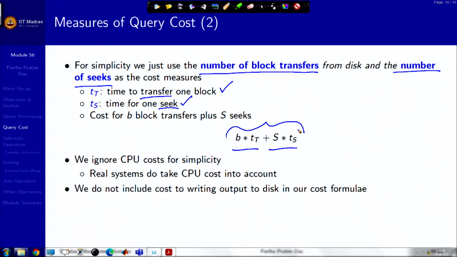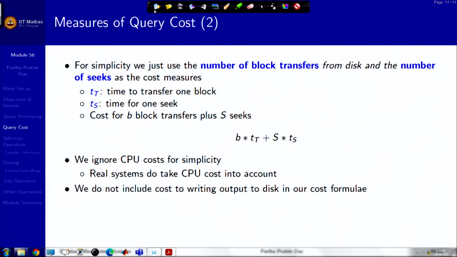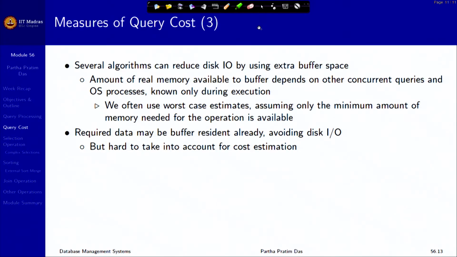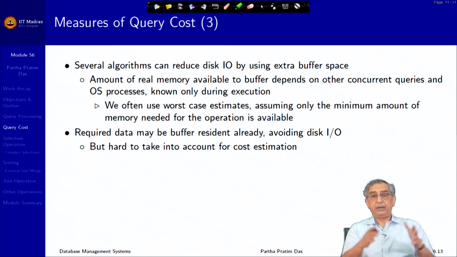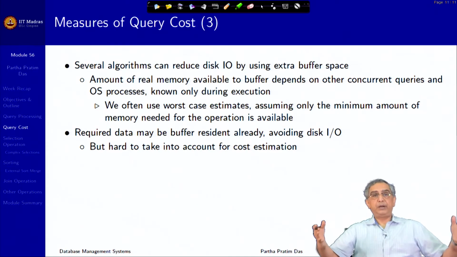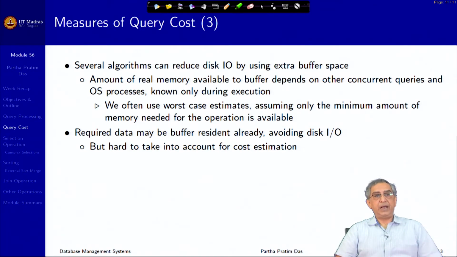We do not include the cost of writing output to the disk in the cost formula, or the reading time. We will ignore those and just approximate in terms of the number of block transfers. There are several algorithms that can reduce disk I/O using extra buffer space, because the more you can buffer, the fewer actual accesses will have to be performed.